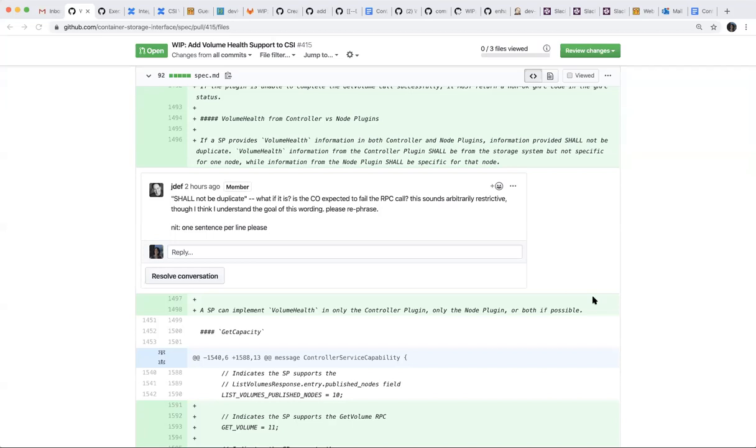I'm thinking that the phase 2 thing will need to be tunable, with some knowledge of exactly how noisy the underlying CSI plugin is. Because some CSI plugins might always return healthy and never return an error, while others might warn you of the slightest possible thing that went wrong.